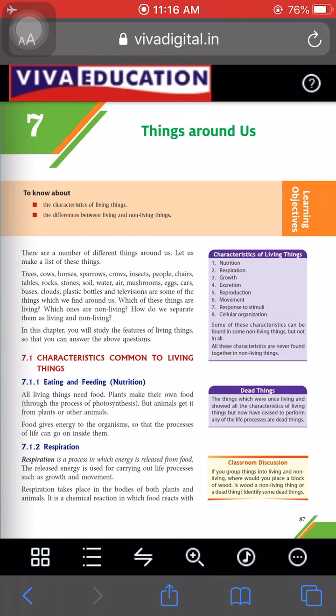The first characteristic of living things is eating and feeding, that means nutrition. All living things eat food, and by eating food they get energy to do work. All living things need food for survival on the earth.